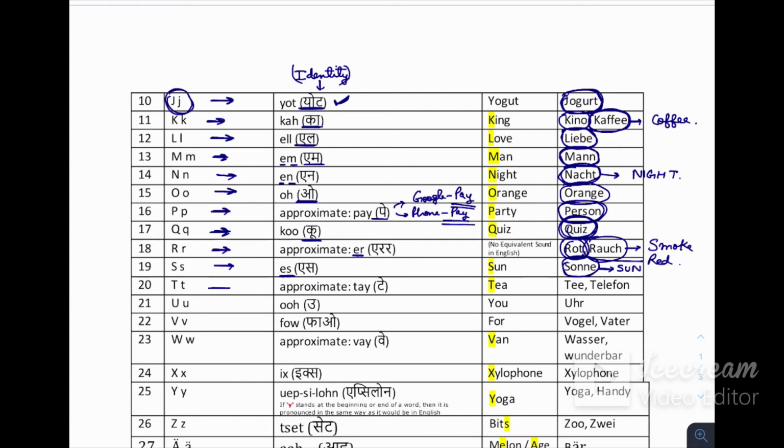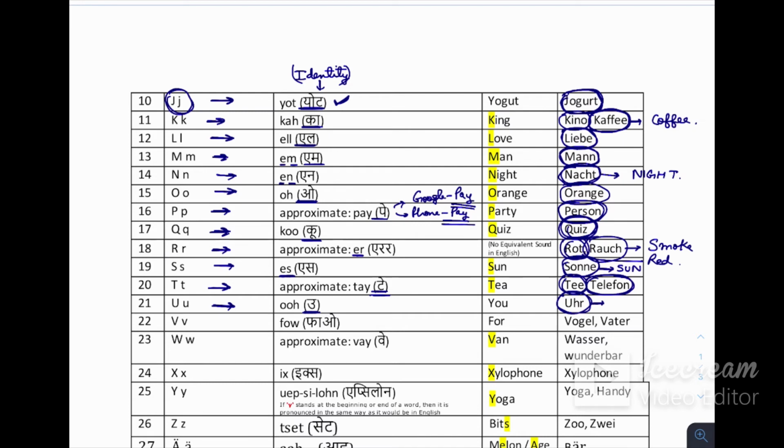T is tay, as in Telefon, the telephone. U is U, as in Uhr. Uhr means watch. Clear?